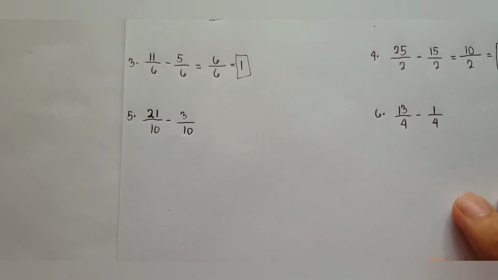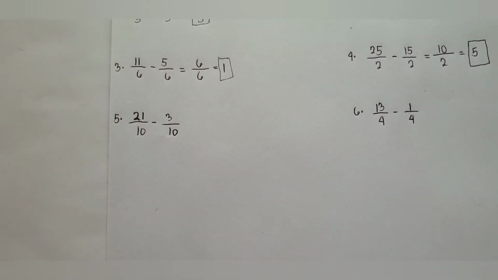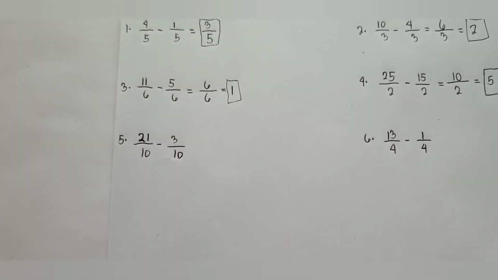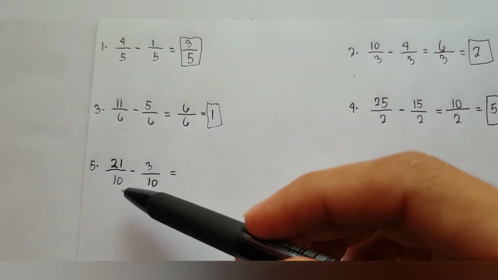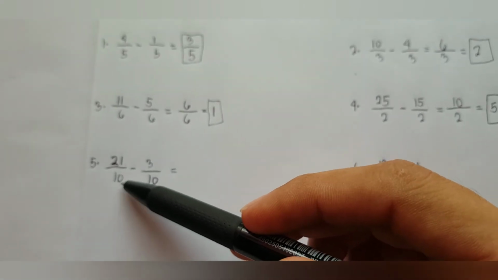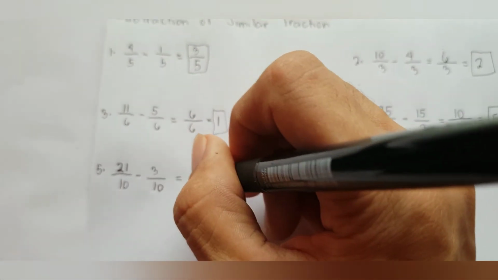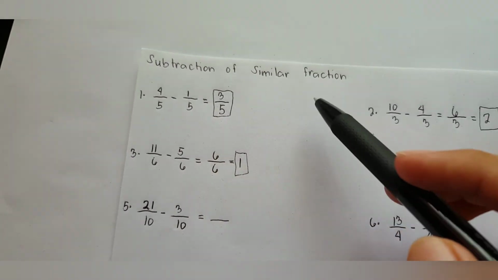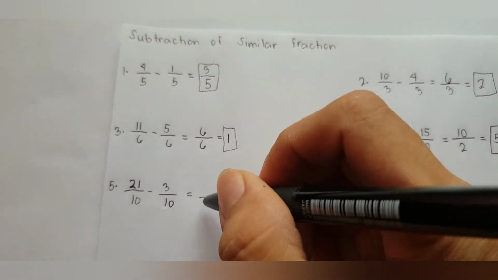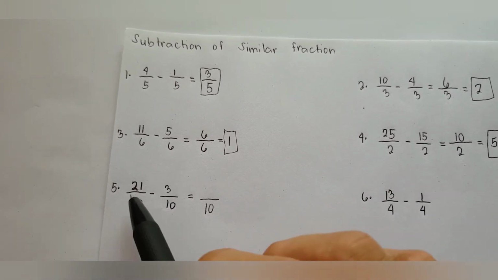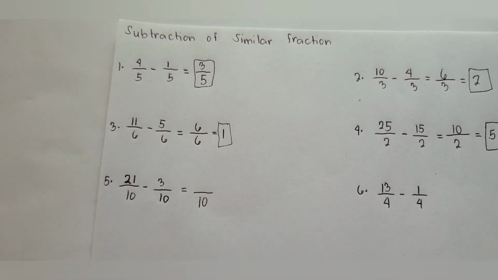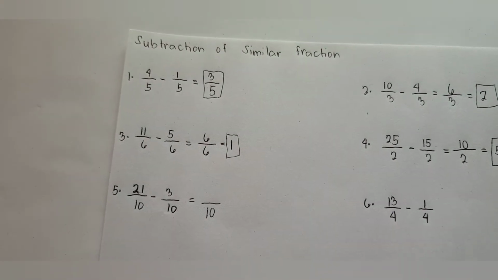Let us proceed to example number 5. We have here 21 over 10 minus 3 over 10. Notice that both fractions have a common denominator, which is 10. The rule in subtraction of similar fractions is to simply copy the denominator and then directly subtract the numerators. 21 minus 3 is equal to 18.